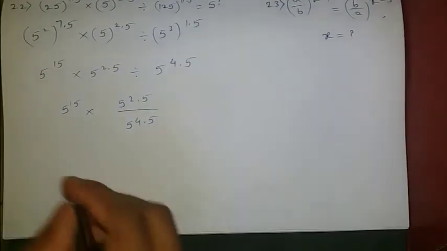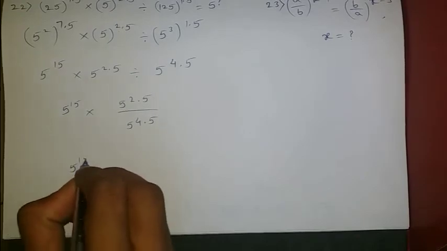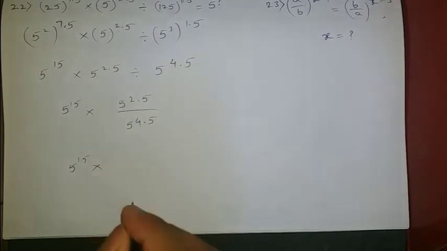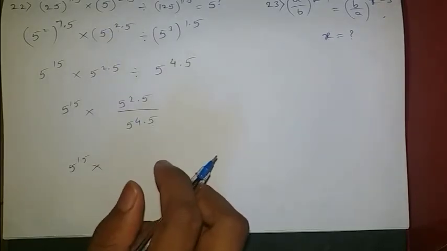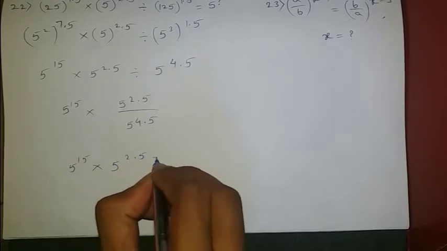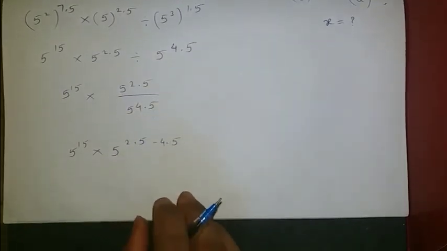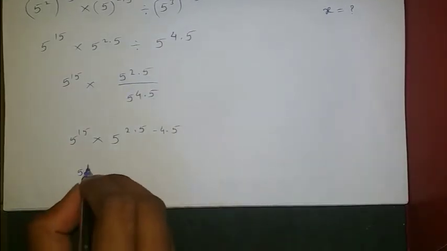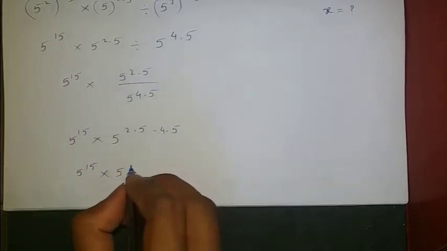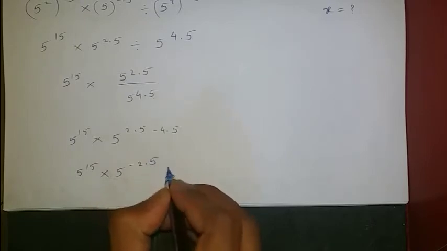This is in the form of a power m by a power n, and a power m by a power n is equal to a power m minus n. So 5 power 15 into 5 power 2.5 minus 4.5.